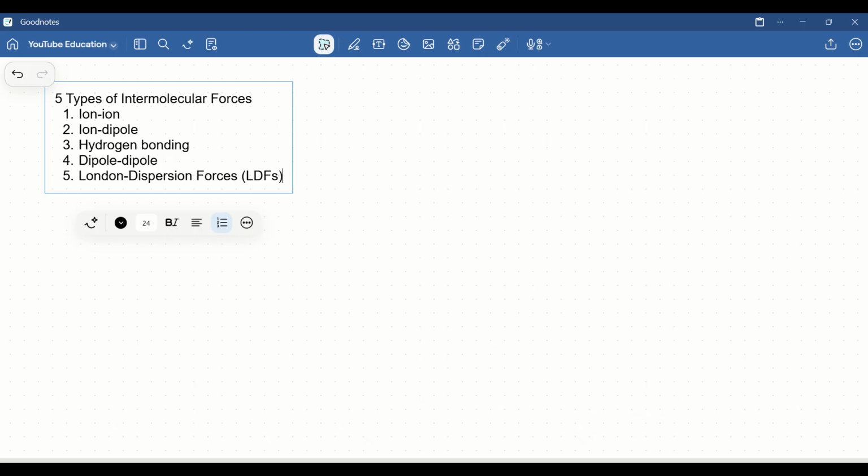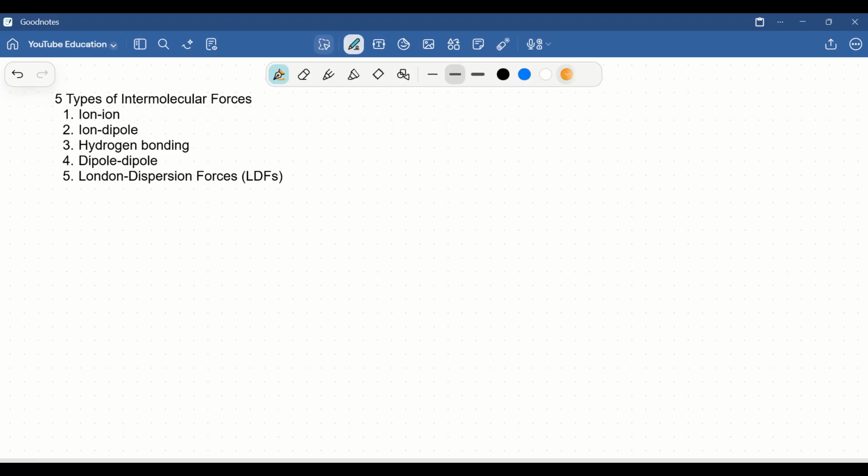Let's first take a look at what ion-ion looks like. For ion-ion, you're just simply going to take any ionic compound. Let's just say we have NaCl. This molecule exhibits ion-ion.